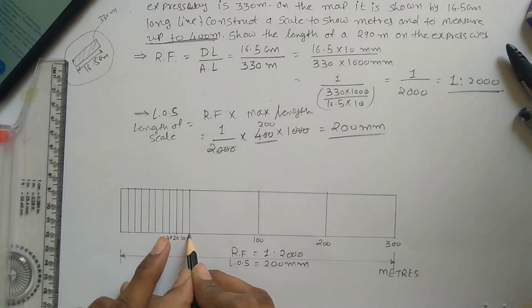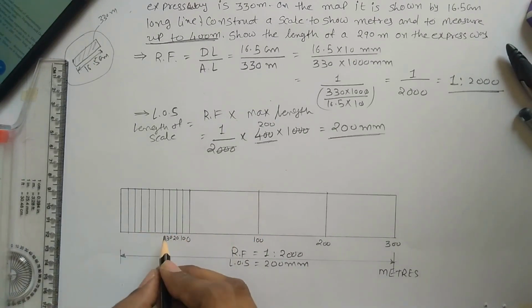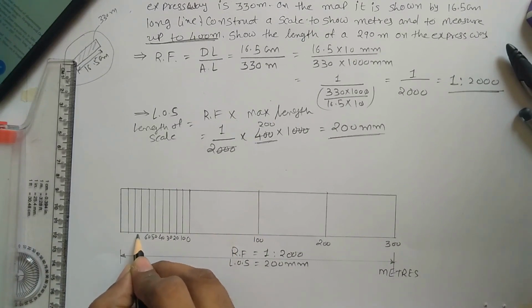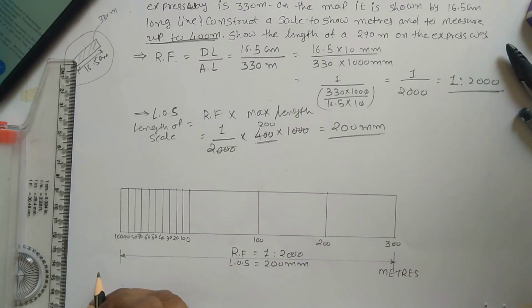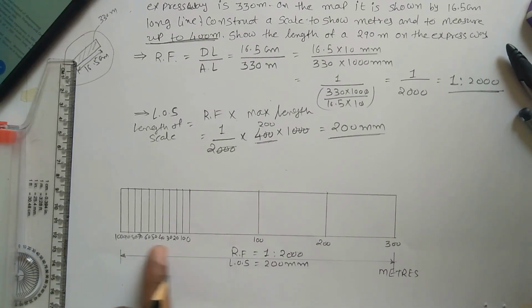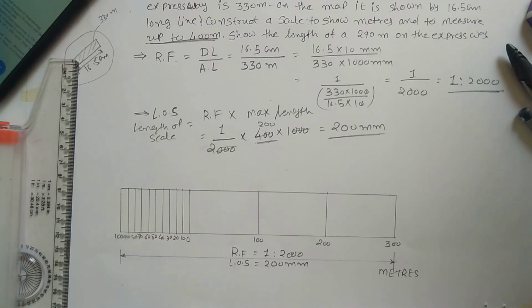Now from 0 to 30, it's 30 meter. So accordingly, and this is the whole 100 meter. So one part is 100 meter and we have divided it into 10 equal parts. So each part represents 10 meter. So again the unit is meter. So you have to write meter over here like this.